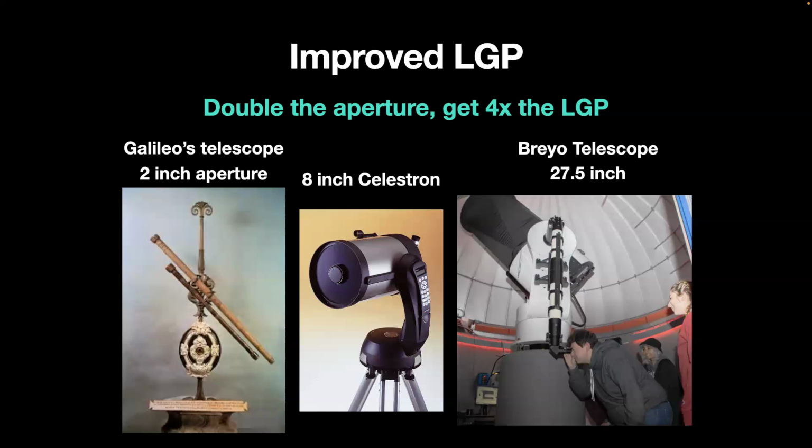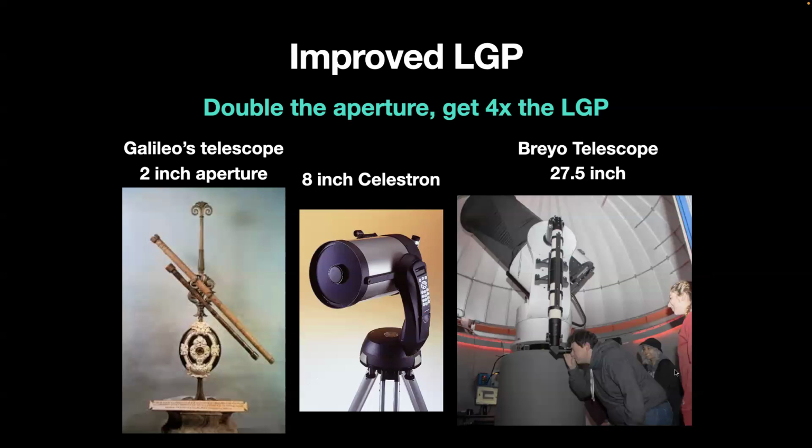The aperture of Galileo's telescope was about 2 inches, so maybe about the length of your thumb, perhaps, right? You can buy kits to make these telescopes today for like 20 bucks. They're pretty inexpensive. For maybe a couple $1,000, you can buy something like this, which is an 8-inch Celestron telescope.